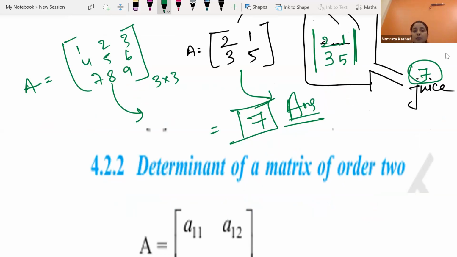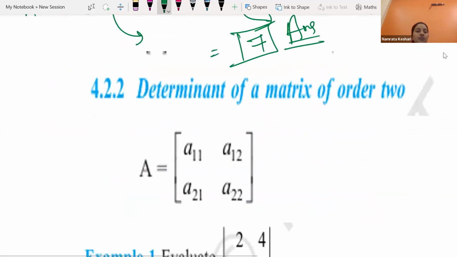Keep in mind that when we talk about determinants, we stick with square matrices. So let's see how we'll be finding determinants. Suppose we have a 2 by 2 matrix and we have to find the determinant.